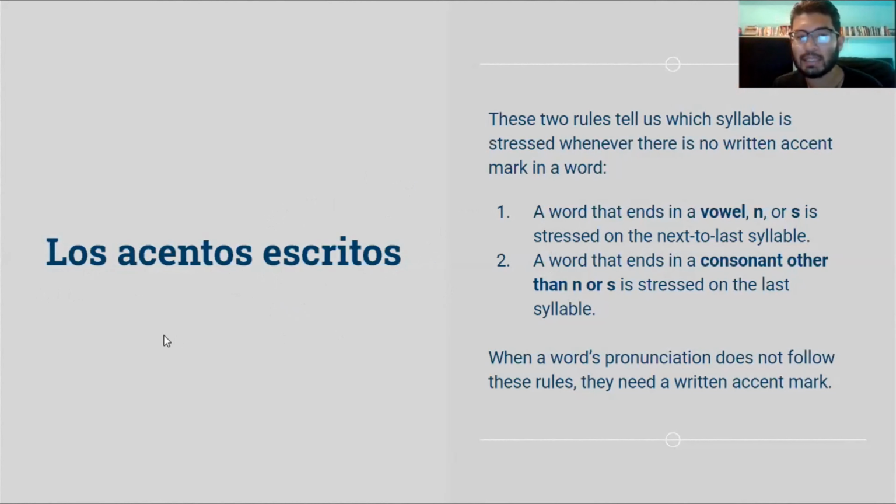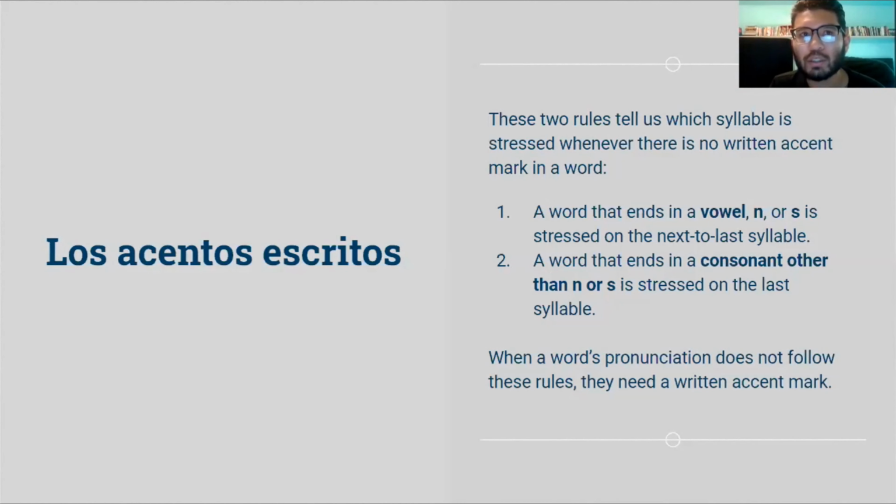They all end in the letter S, and all have their emphasis on the next to last syllable. Los is just a one syllable word, so we don't have to worry about it. But then we have acentos. The emphasis is on that sen syllable. Escritos. Again, the emphasis in the word escritos is in that second to last syllable. Cri is where we have our emphasis.